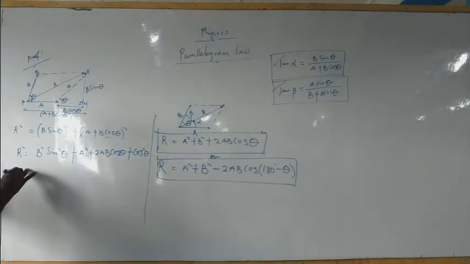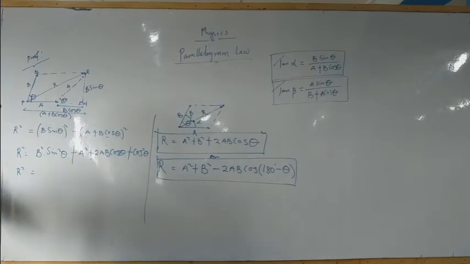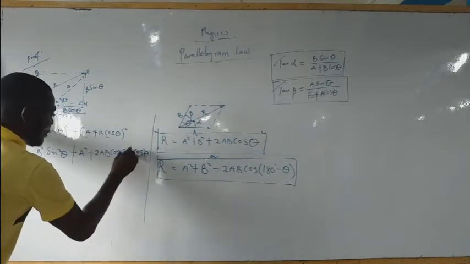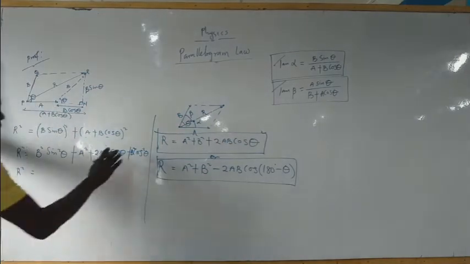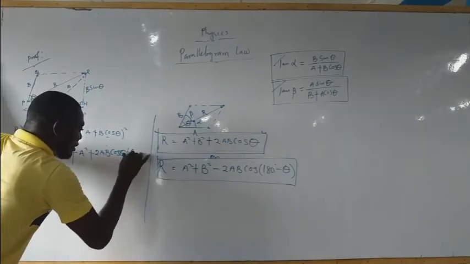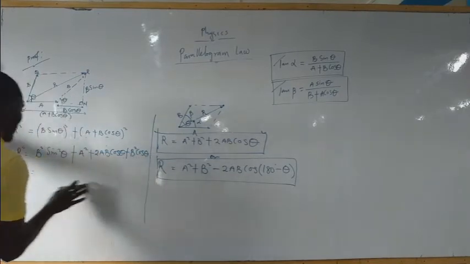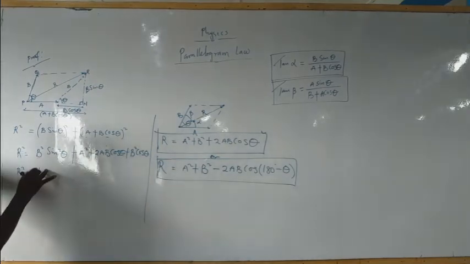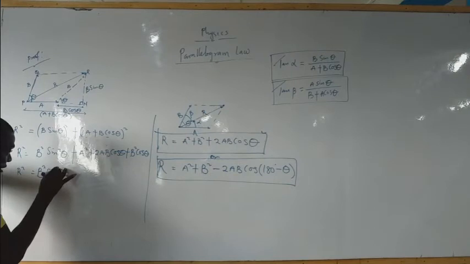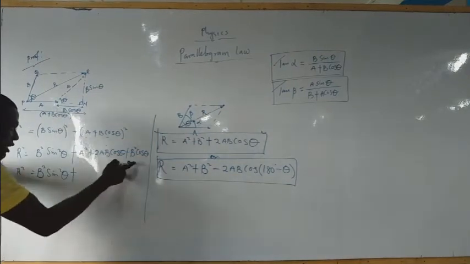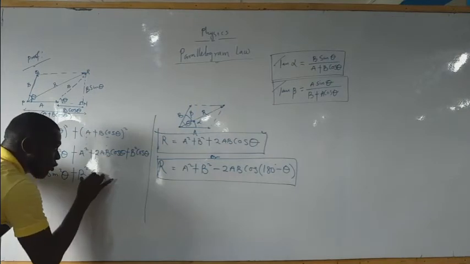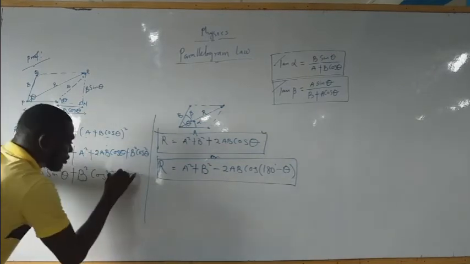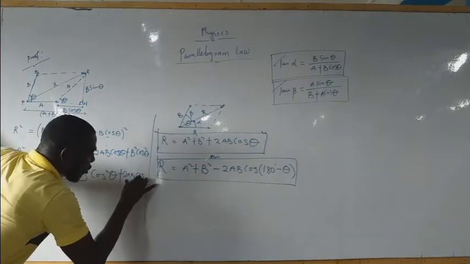So we can have R squared equals B squared sine squared theta. Let's bring this and this together. So we have B squared sine squared theta plus B squared cos squared theta plus 2AB cos theta.